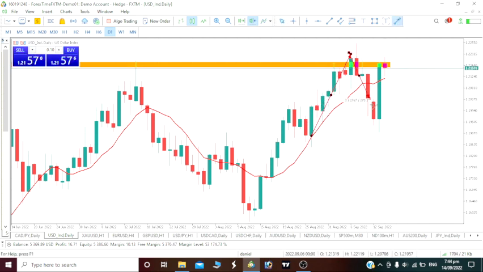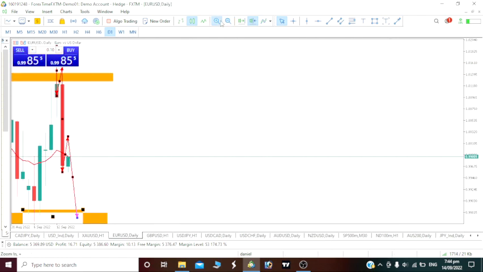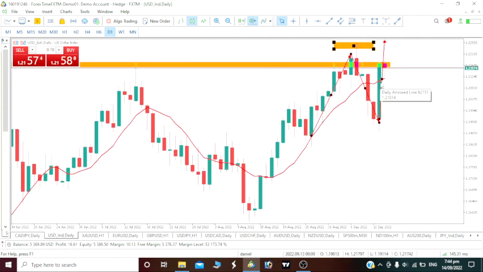There was a correction. Since we are on a bullish move, what are we expecting? Another uptrend move to break the previous highs. So once we have that bullish move on the USD index, it is a confirmation on this daily time frame that our euro to USD will continue to go bearish. So Euro USD will go bearish, while the USD itself will go bullish.